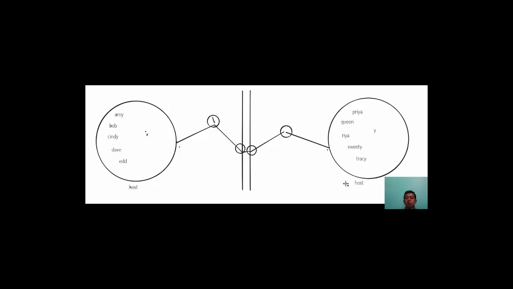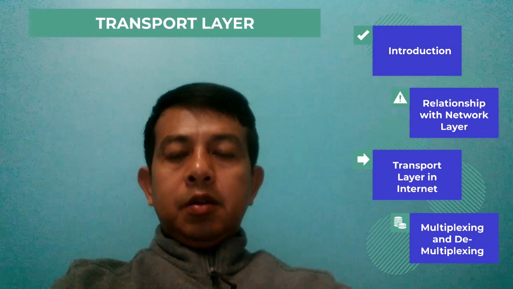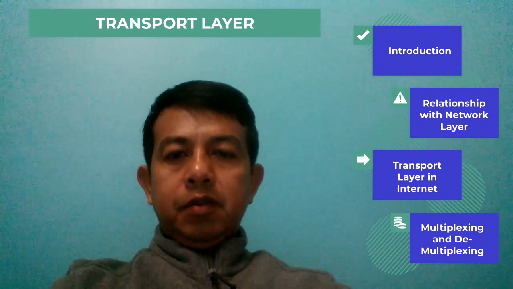The network layer provides host-to-host communication, in this example, house communication. The transport layer provides process-to-process communication. In this example, this father is helping to communicate between this child and another child at the other end. I hope the relationship between the transport layer and the network layer is clear from the given example.